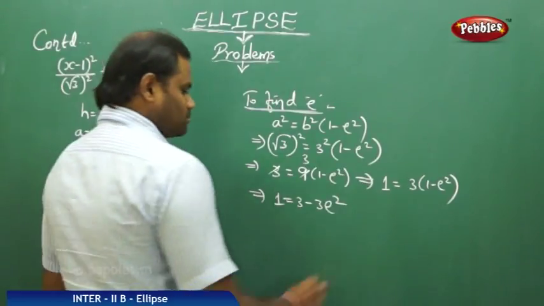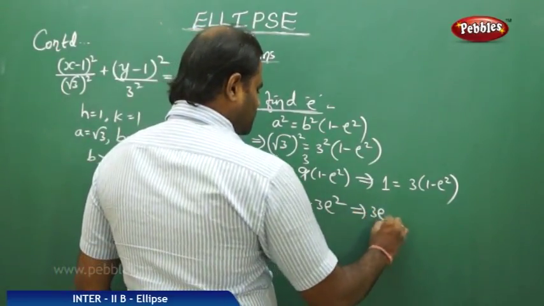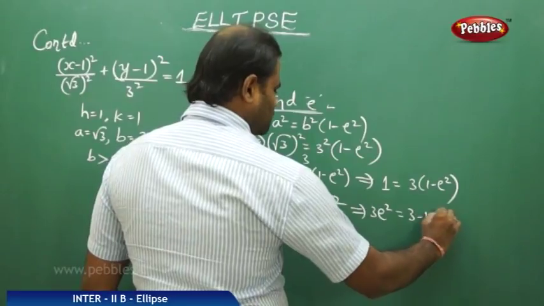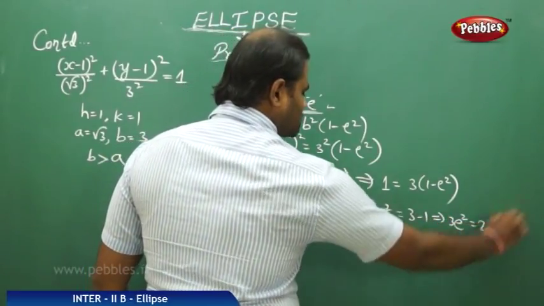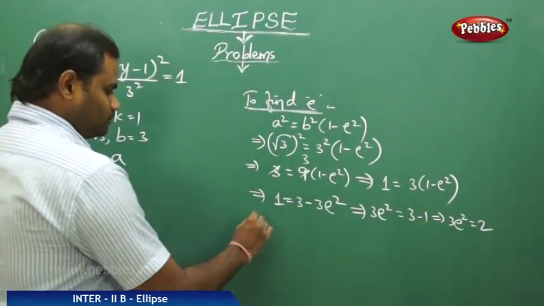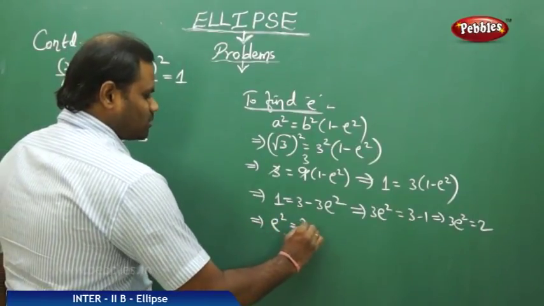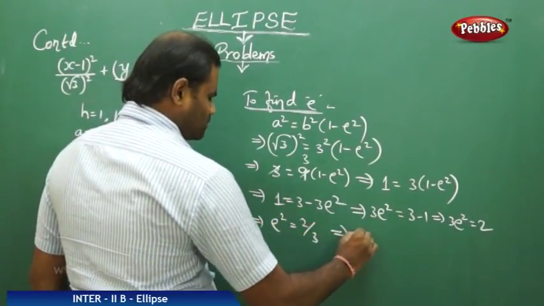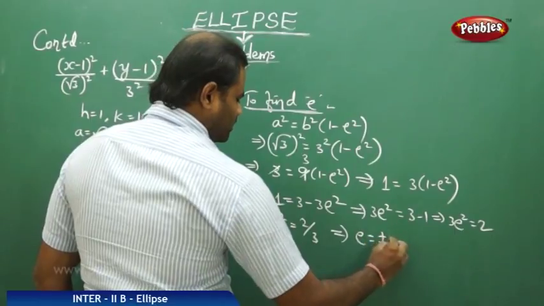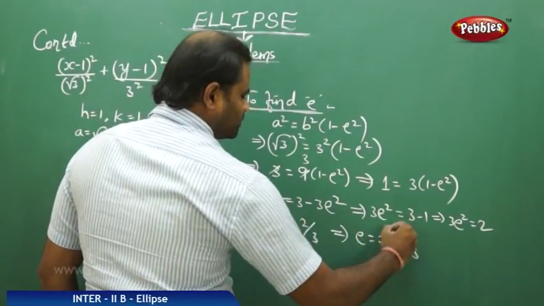That is, 3e squared equals 3 minus 1, that implies 3e squared equals 2, that implies e squared is 2 over 3. e is plus or minus root of 2 by 3.